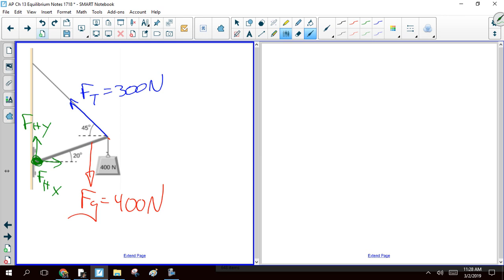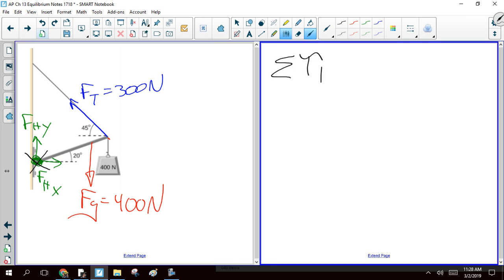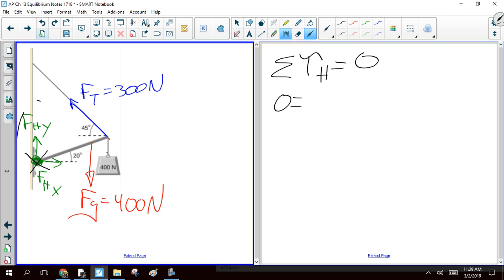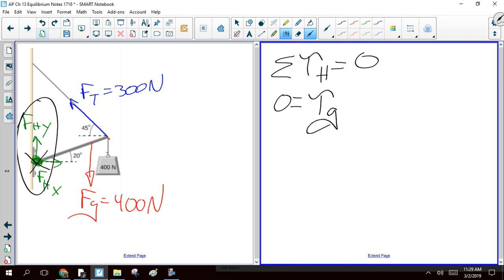But hopefully you can see we can kind of choose our pivot point, much like we did last time. We're going to choose this to be our pivot point, right? So the net torque about the hinge has got to be 0. So 0 equals, well, our net torque is going to be, well, these two guys don't provide any torque, so it's just the torque from gravity plus the torque from tension, right?